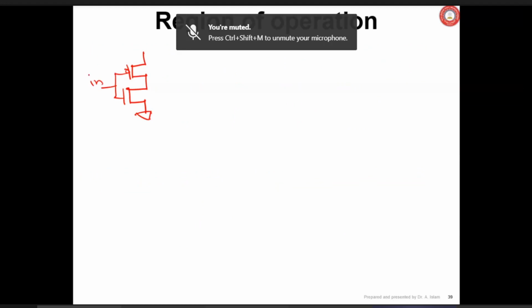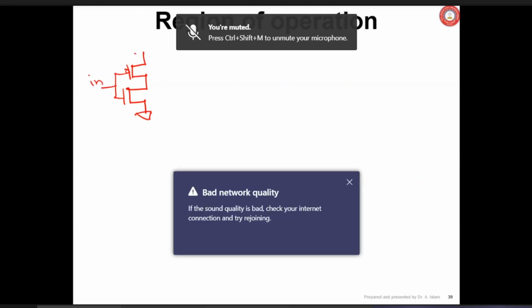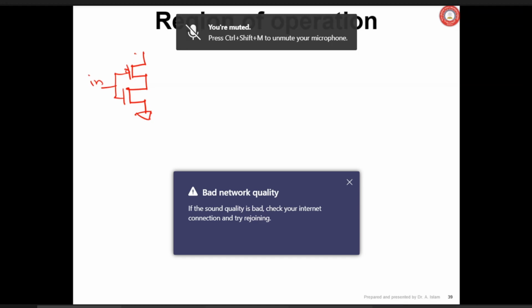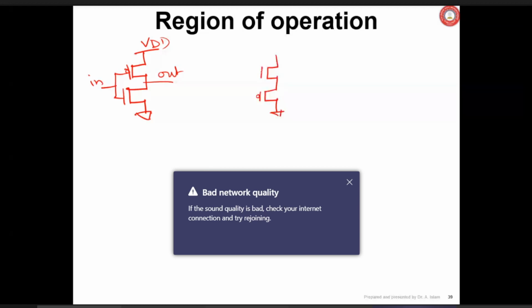Obviously, you know what this circuit is. What is this? Inverter. Okay. What is this circuit?